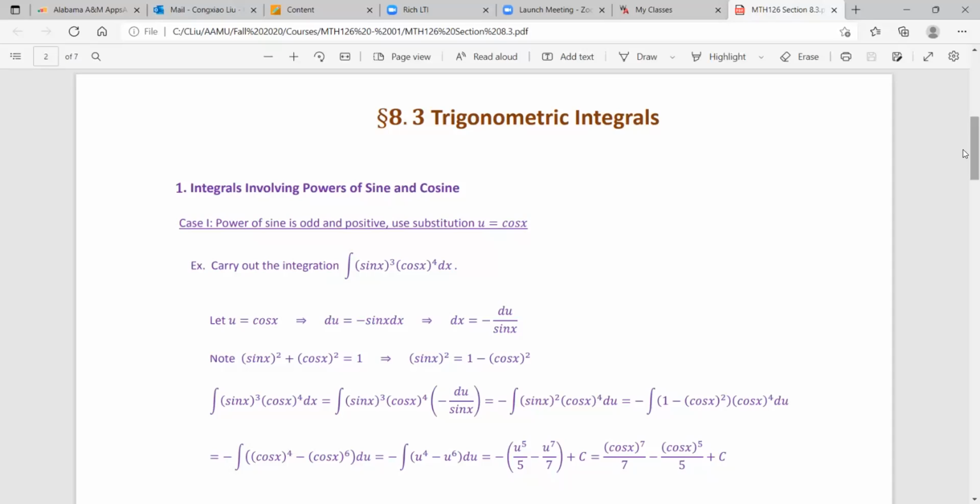If you divide by negative sine x on both sides, you get dx equals negative du over sine x. And then we use the trig identity sine x squared plus cosine x squared equals 1 to rewrite sine x squared as 1 minus cosine x squared.